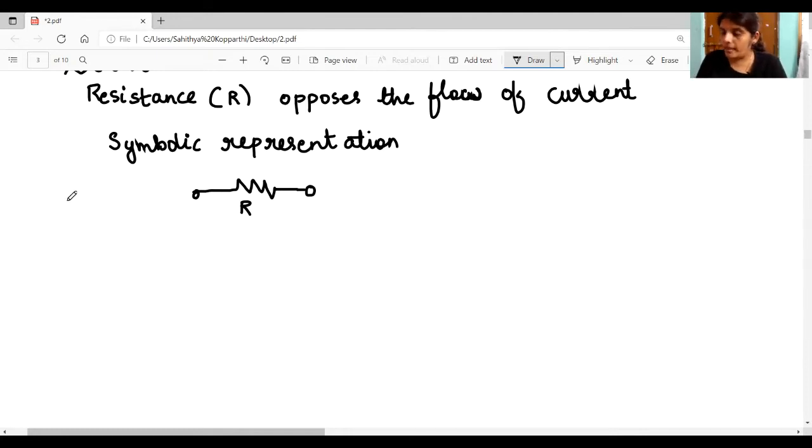Now the basic term, Ohm's law. From here the term resistance came. What does Ohm's law state?